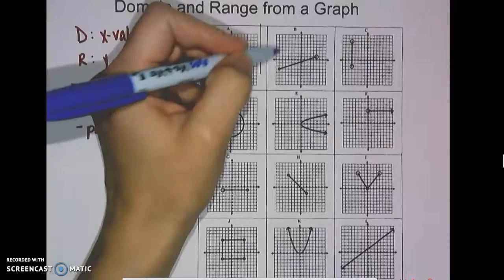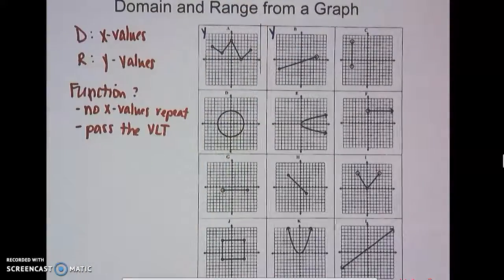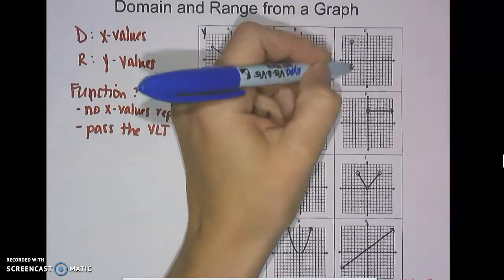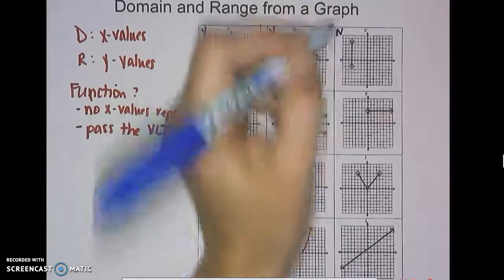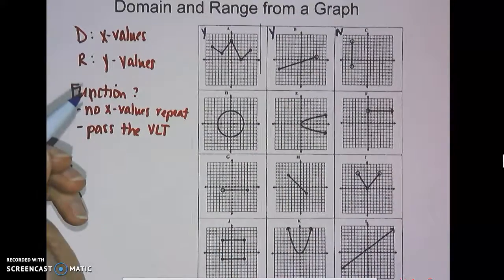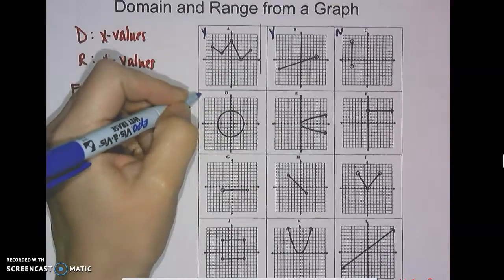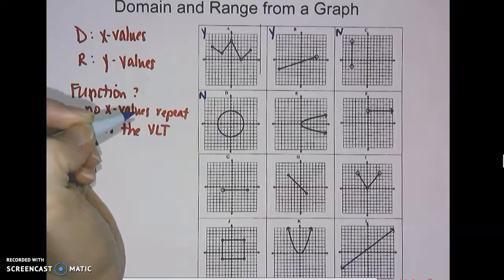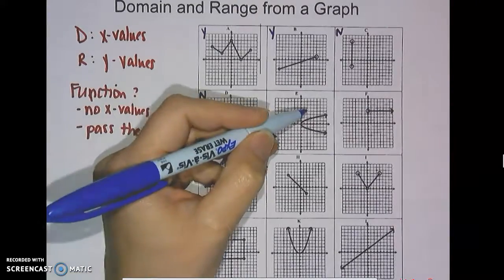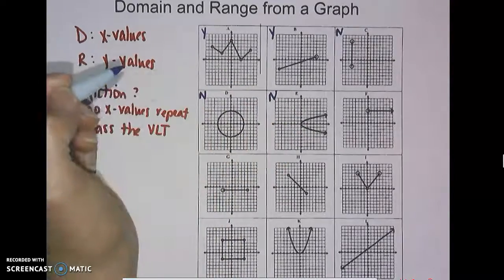Letter B passes, so it's a yes. Letter C, if we make that vertical line there, it would fail, so we're going to put an N for no. D, if we're looking at vertical line test, that would be no. E, creating vertical lines, would not pass.